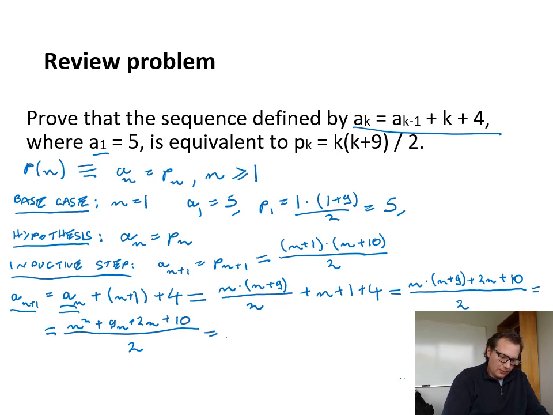That's equal to n squared plus 11n plus 10 divided by 2, and that's equal to n plus 1 times n plus 10 divided by 2.